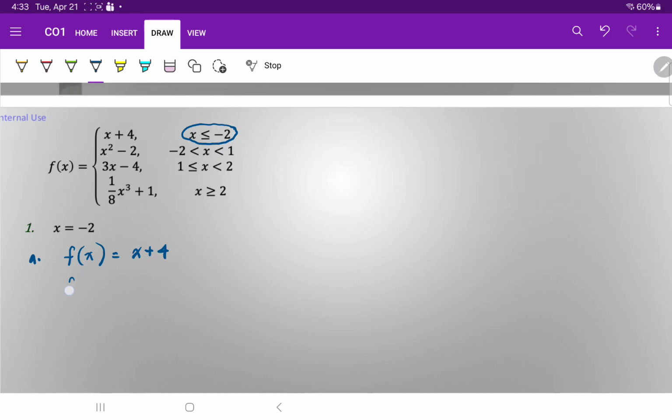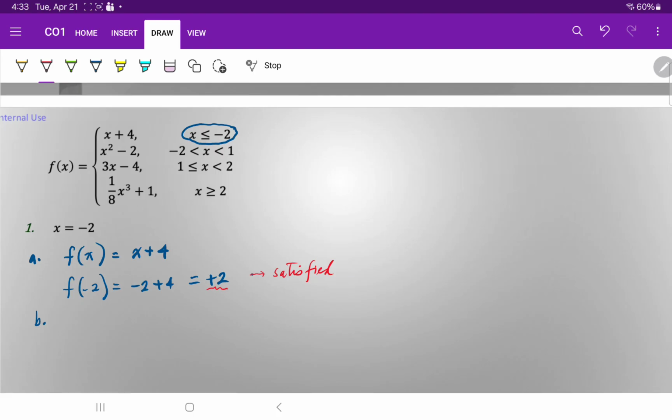If we solve for f of -2, that's -2 plus 4, and that gives you +2. So the first condition is satisfied, because we get a value for f of -2.